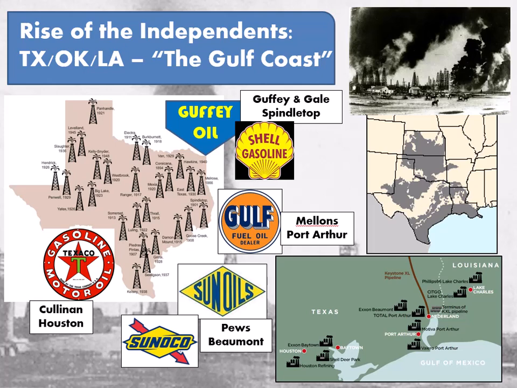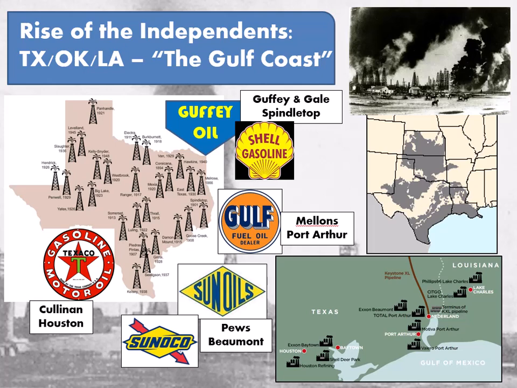Really until the 1950s and the 1960s, with the discovery of Middle East oil, the great Saudi and Kuwaiti and Iraqi and Iranian deposits, Texas oil, or Gulf Coast oil, is going to be the largest source of oil in the entire world.